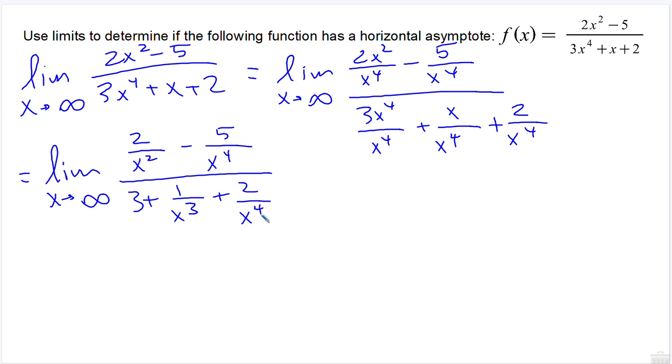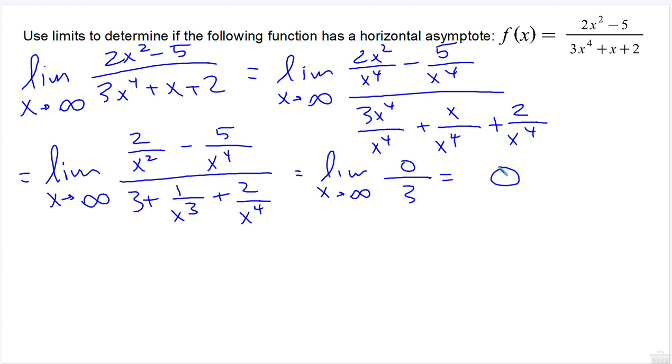And now this time, as we go towards infinity, we can see that the 2 over x squared and the minus 5 over x to the 4th are both 0. And the 1 over x cubed and the 2 over x to the 4th in the denominator are both 0. So this just becomes a limit as x approaches infinity of 0 over 3, which is just 0.